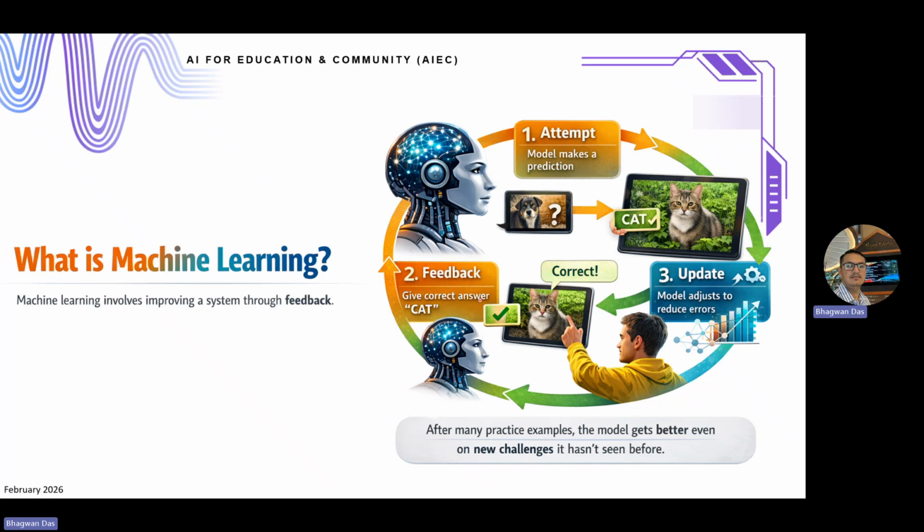So after getting the feedback that this is not a dog, it is a cat, the updates are made in the system, and the system gets another attempt. On the second attempt, it learns that this is not a dog, it is a cat. After many practice examples, the model learns better and better, even on a new challenge it hasn't seen before.